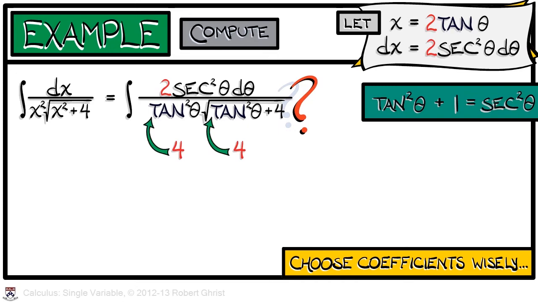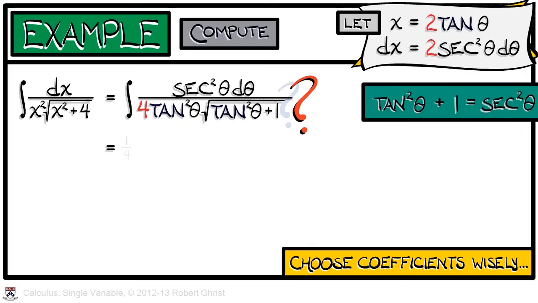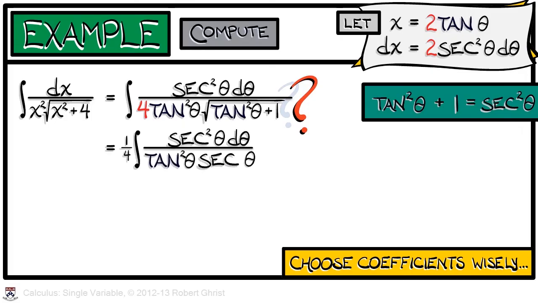And now I can factor that 4 out from under the square root, obtaining a 2, canceling, simplifying a little bit. And now I can replace tangent squared plus 1 with secant squared and eliminate that square root. When I do so, I get 1/4 times the integral of secant squared d theta over tangent squared times secant.